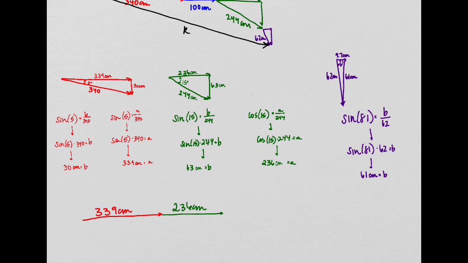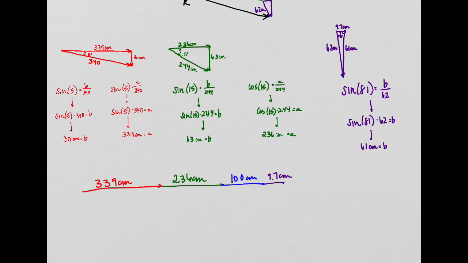So I'm going to not forget my 100 centimeter blue from above. And then finally we have 9.7 in purple. That's way too not in scale, but there we go. Okay. And I'm probably going to run out of room here, so I'll move it over. Anyway, so we have our horizontal components all added together.